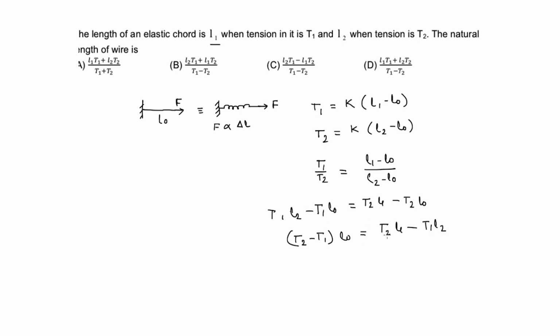So L0 is equal to T2 L1 minus T1 L2 divided by T2 minus T1. So I think option C is correct. If I multiply numerator and denominator by minus 1, then I will find this one. So option C will be the correct choice.